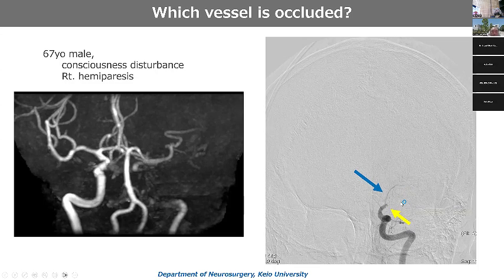So where is the occlusion site of ICA? The answer is the C1 portion here, and this branch is the anterior choroidal artery. So the occluded site is just distal to the anterior choroidal origin.